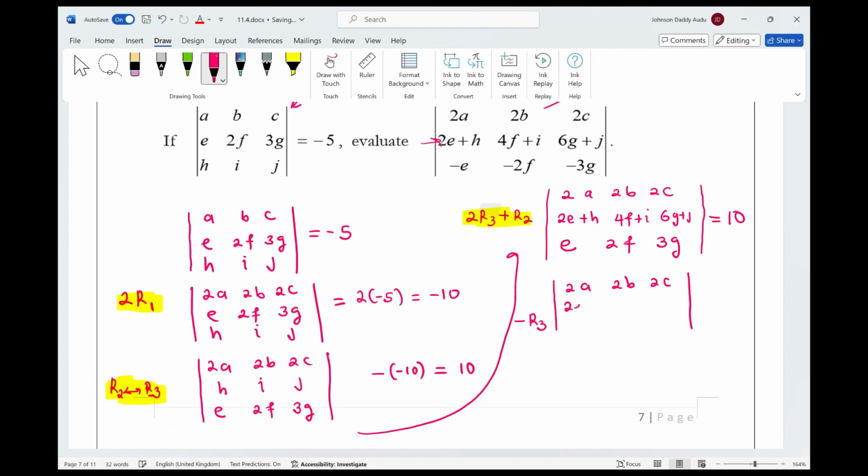So this is 2E plus H, 4F plus I, 6G plus J. And this is going to be minus E, minus 2F, and minus 3G. So this is just going to be minus 10. So it means the answer is minus 10.